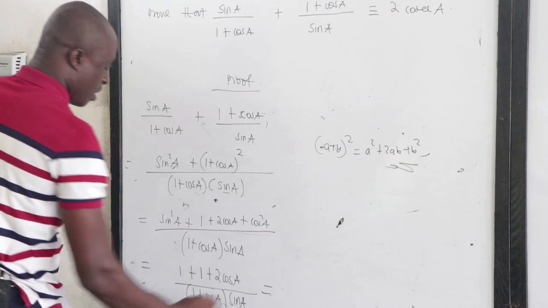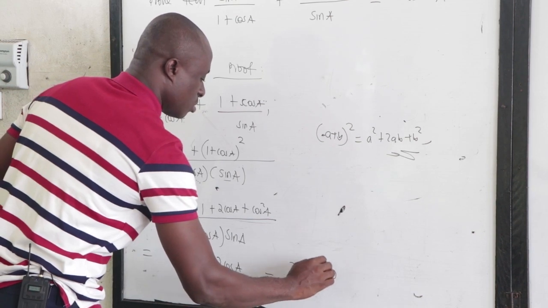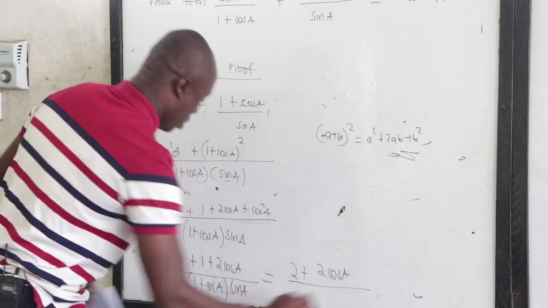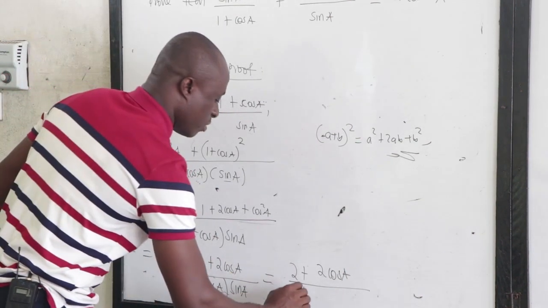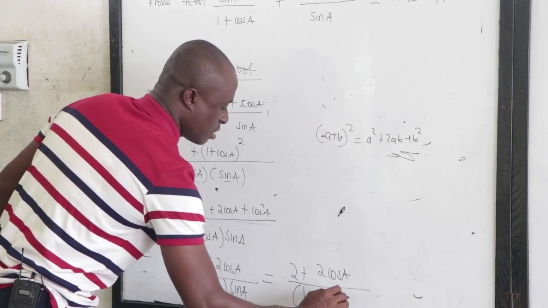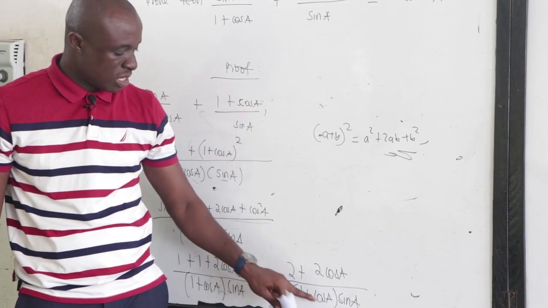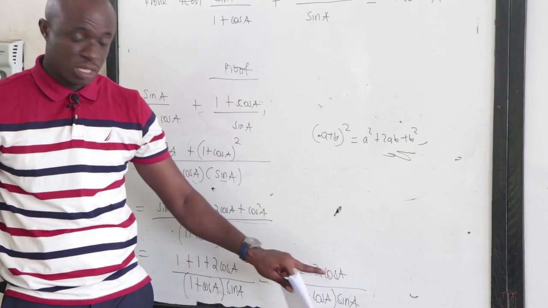Now what is 1 plus 1? That is 2 plus 2 cos A, all over you have 1 plus cos A times sine A. Wow, you can see 1 plus cos A. You can see 2 plus 2 cos A. What can we see?